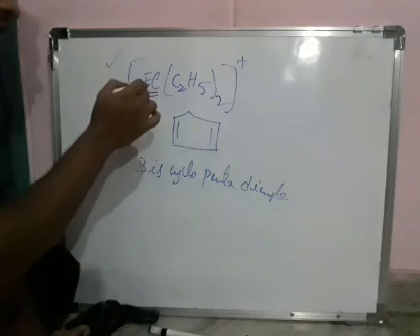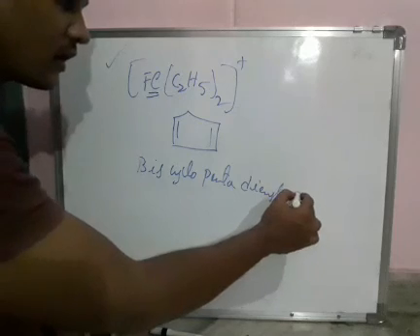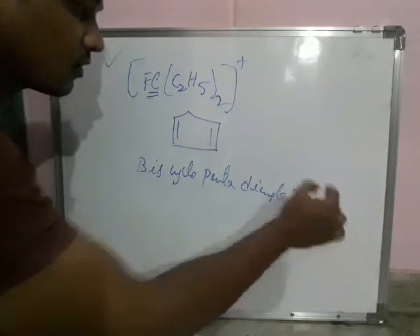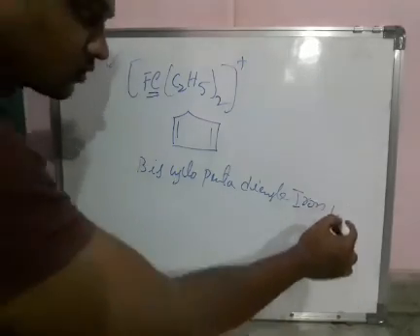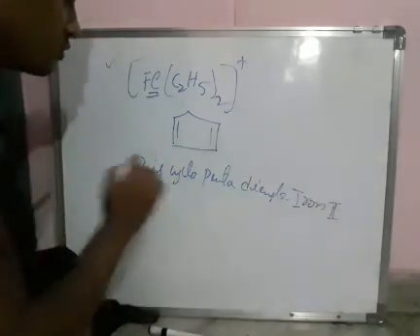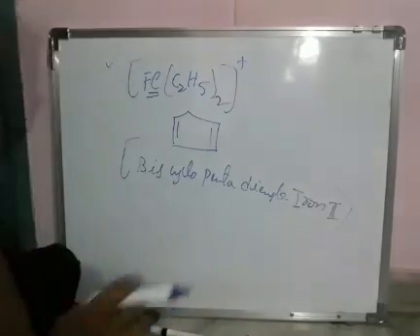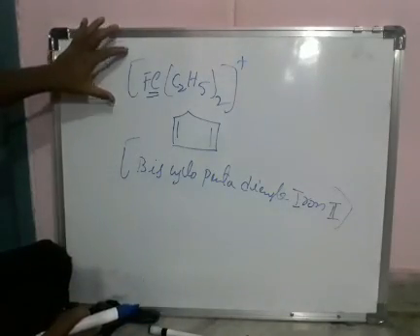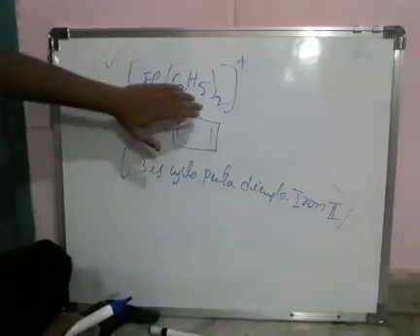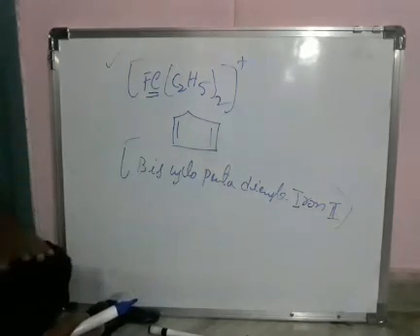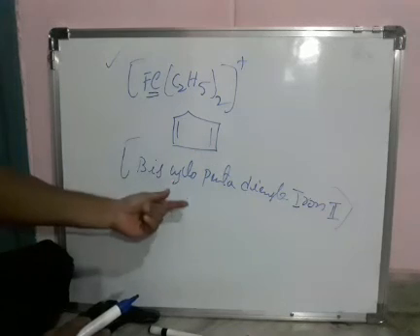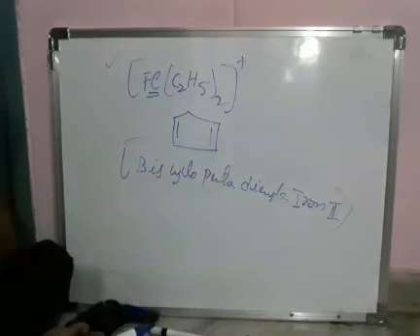And here iron, the oxidation state of the iron is 2, so it should be represented like that. While writing the positive coordination sphere, the ligand must be named first, and after that the central metal atom. So bis(cyclopentadienyl)iron(II).